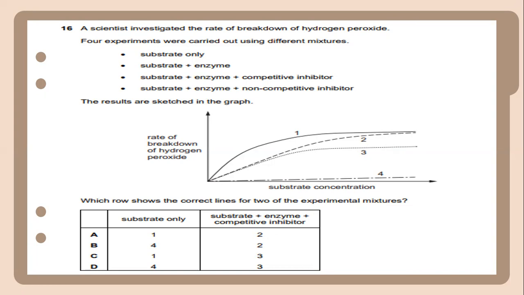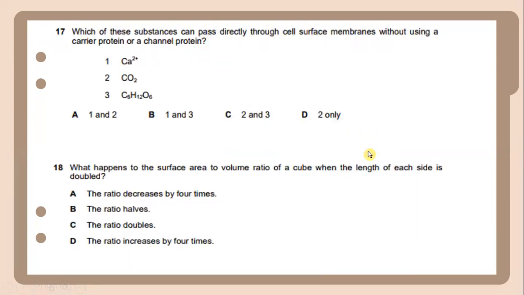Which row shows the correct line for 2 of the experiment mixtures? Substrate only is referring to the 4, where you have substrate concentration. Okay, and then the y-axis is the rate of breakdown of hydrogen peroxide. Substrate plus enzyme plus competitive inhibitor is referring to condition 2.